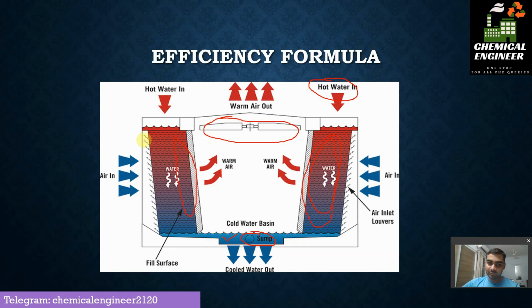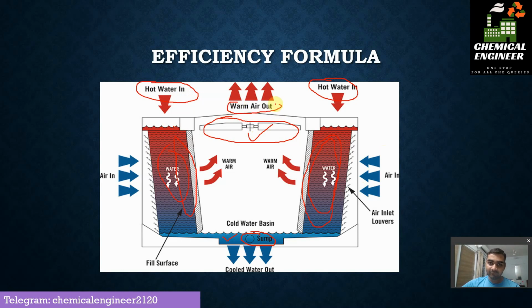This cooled water goes to the plant, gets hot and comes back to the top of the cooling tower. Here there are some nozzles through which this water is passed through this packing. Water will go down, and with the help of this impeller, we will force air from outside into these fins, and then this air will be carried away with this fan.